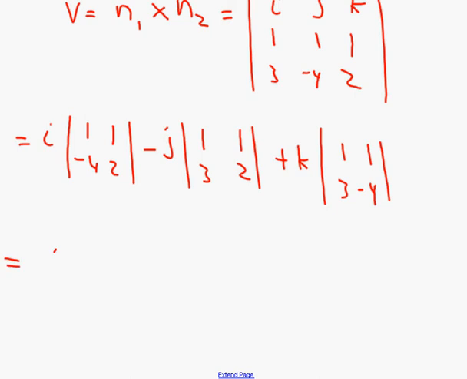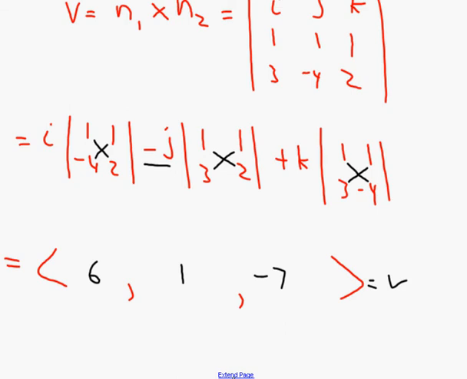We multiply these: 2 minus -4, so that's going to be 6. Here we have 2 minus 3, which is -1, but that's multiplied by -j, so it's +1. And then you have -4 minus 3, which is -7. So there you go. That's the direction vector of the line.